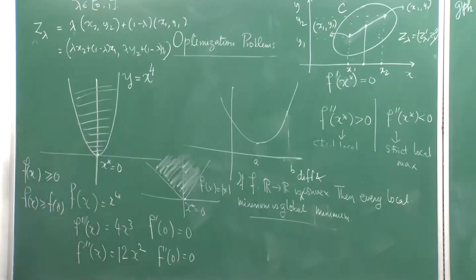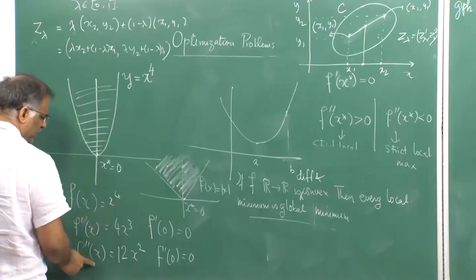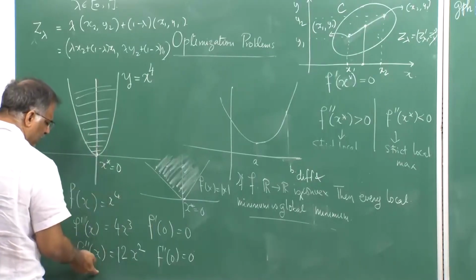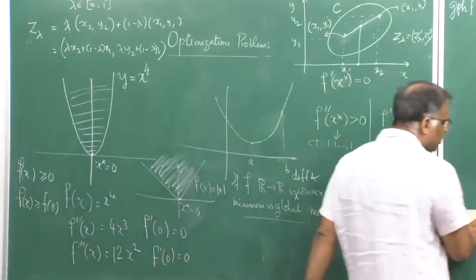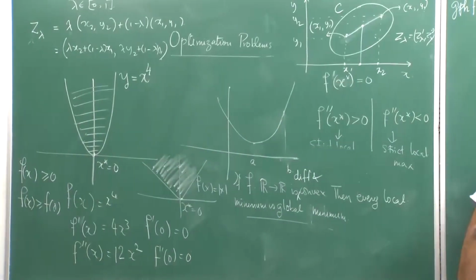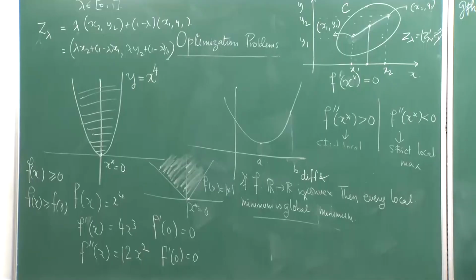The epigraph is a convex set. So, immediately you know it is a convex function, if the convexity check comes through, then I am done. But how do you check the function is convex? Of course, you can draw the graph and try to do what I just told you.